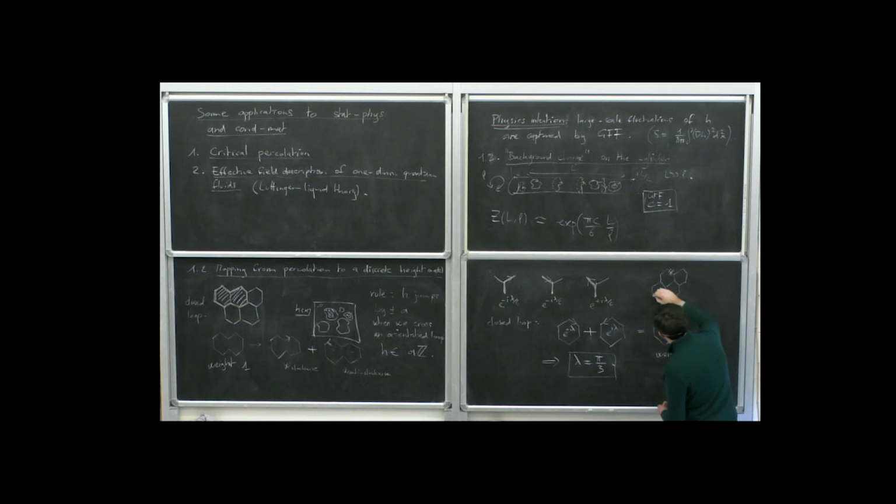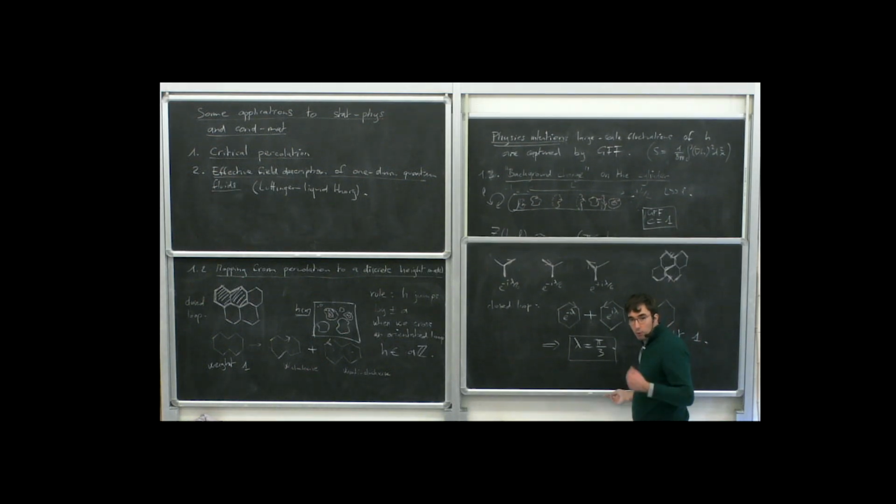Now, if we think of what happens to a loop that would go like this, in total it doesn't pick up an angle 2 pi, it picks up an angle 0. Because of this, these loops pick up a weight 2 and not 1.